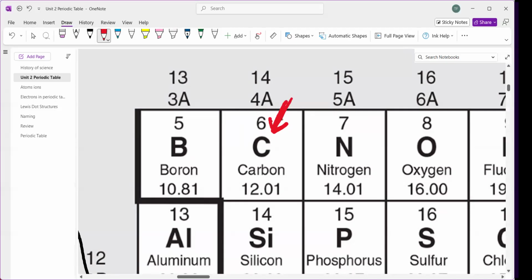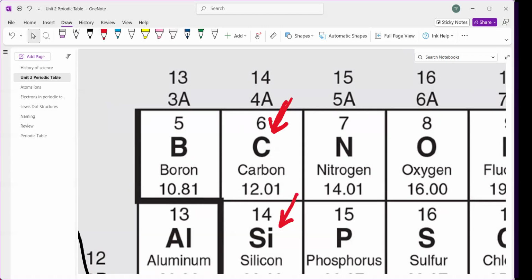Now it's very important to notice that if it's a one-letter symbol, it's uppercase. If it's a two-letter symbol, it's an uppercase and lowercase. No exceptions. If it's a two-letter symbol, always uppercase, but the second letter has got to be lowercase.